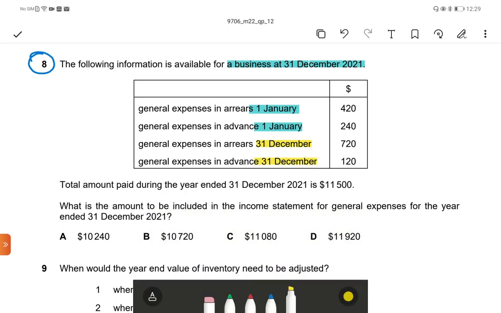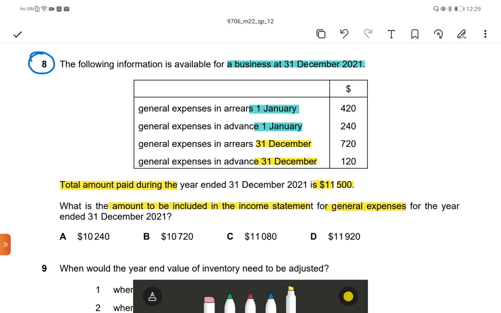So first, what is the question? The total amount paid during the year is $11,500. What is the amount to be included in the income statement for general expense?